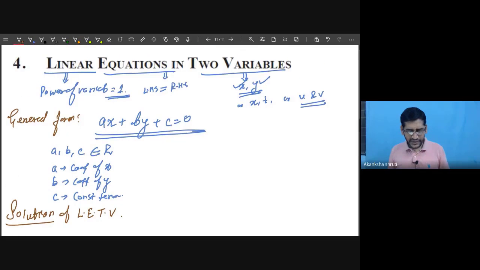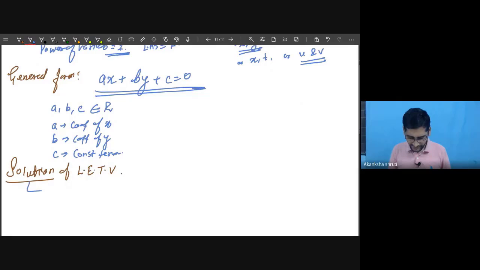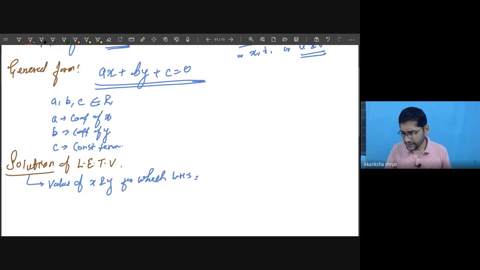So this solution means it is simply the values of x and y for which LHS becomes equal to RHS. That is called the solution.